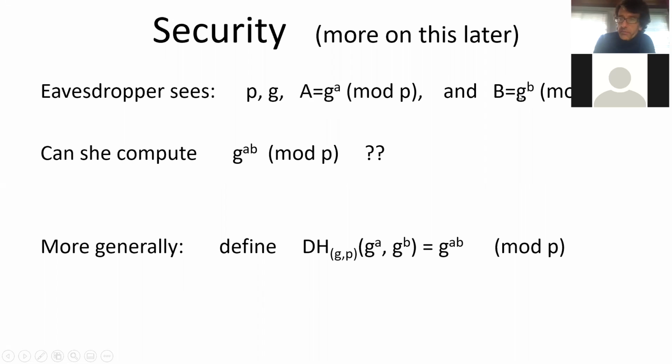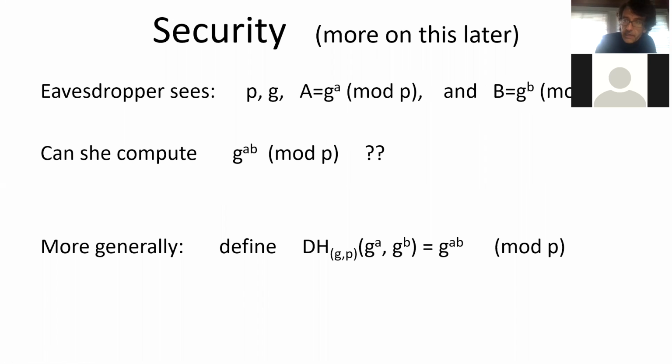I choose a random argument from the domain. That's a random transcript of a Diffie-Hellman key exchange. The attacker, given this x, which is A comma B, has to compute the Diffie-Hellman function on this argument.